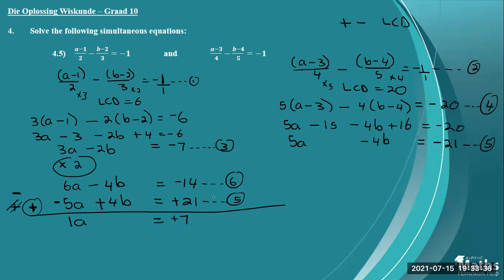Now that I have a is equal to 7, I'm going to sub it into equation 3. Into this one. You can sub it into absolutely any one. So a is equal to 7.